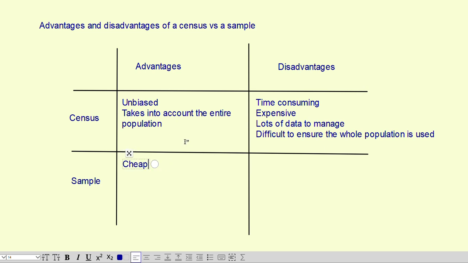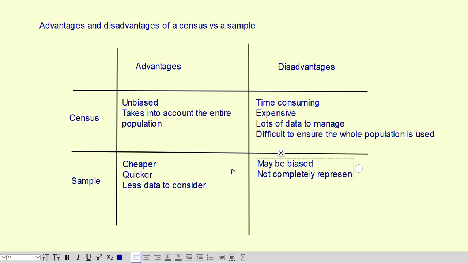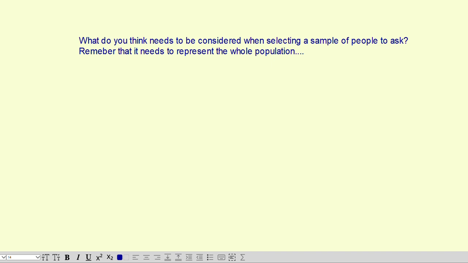However, a sample is cheaper because it's quicker to collect and there's less data to analyze afterwards. Disadvantage of a sample, though, is it may be biased and it's never going to be completely representative of the whole population, which at the end of the day is what you want. You want a sample that's as representative as possible so that it can represent the whole population.